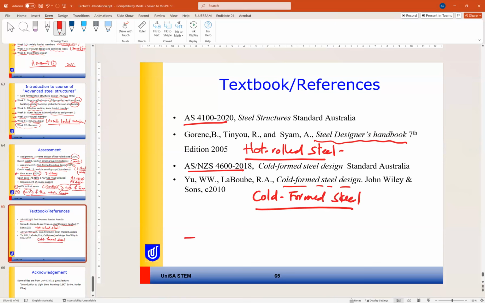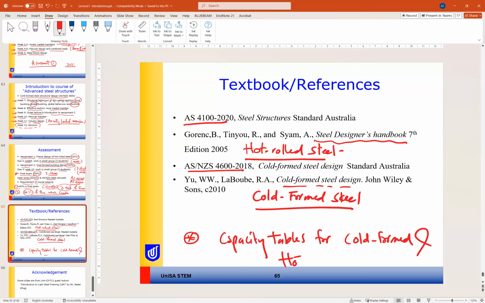Okay, we will also need to use the capacity tables for cold formed and hot rolled steel. As you know, we are designing the steel material, like steel cross section, so we need to have the properties and the dimension and weight of the section. That's why we will need the capacity tables for hot rolled and cold formed steel, which are available on the course website already.